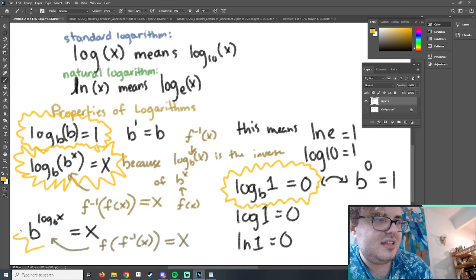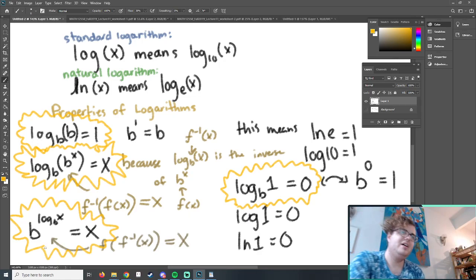And then b to the log base b of x equals x is also really important. So those four are the ones I would think about. This other stuff here, like ln e equals 1 and log 10 is 1 and log 1 equals 0 and ln 1 is 0, those come from this one and this one if you just plug in the bases of those logarithms for b.